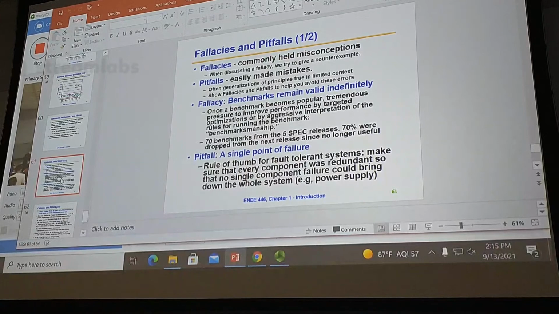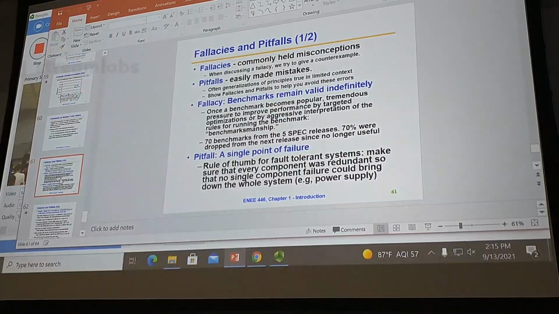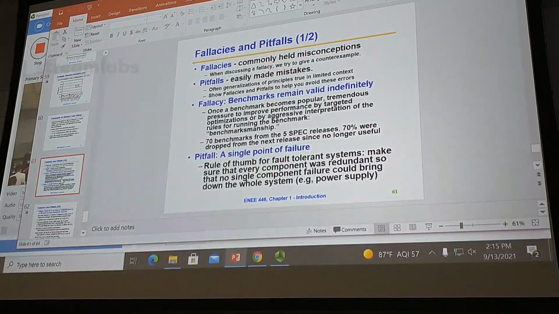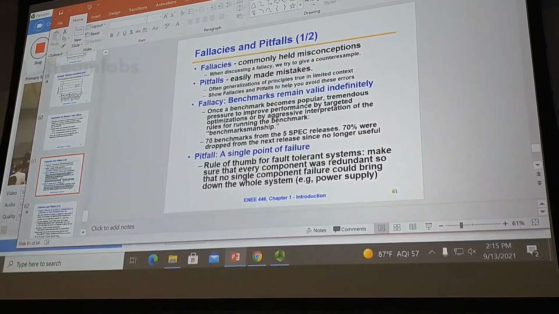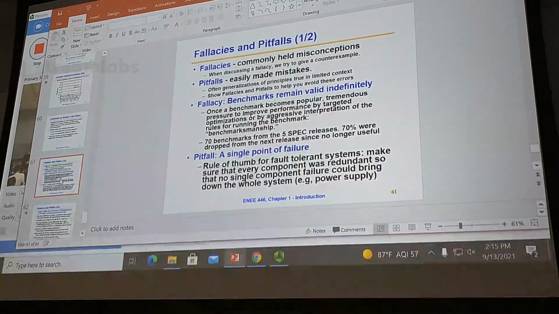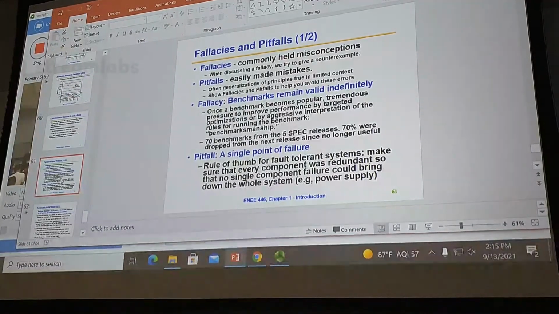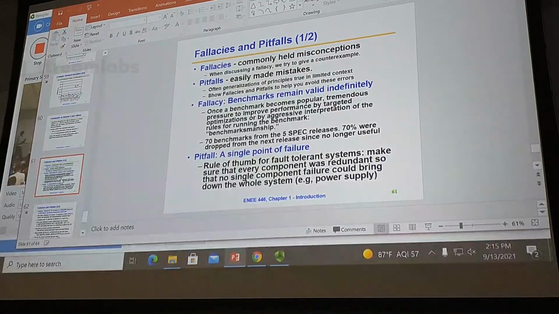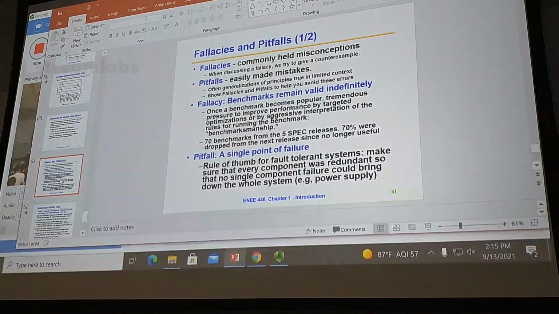Single point of failure means sometimes you try to strengthen a system by having a lot of redundancy, but there could still be some single point of failure. For instance, we talked about error correcting code, or you must be familiar with error correcting code for memory.